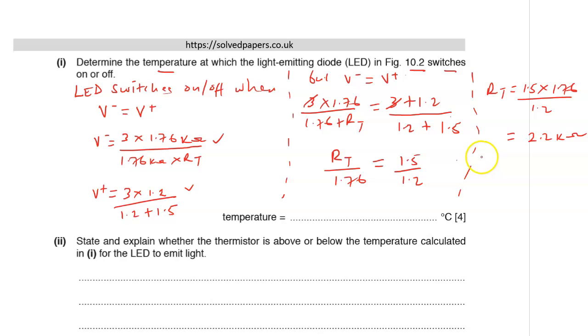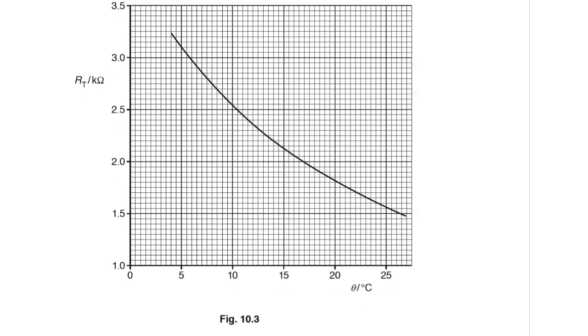So you look at the temperature, you look at the graph when the resistance is 2.2 kilo ohm. So you look at the graph to get the temperature at this RT, which is 2.2 kilo ohm. Come to the graph here, and 2.2, this is 2, so these are 10, so this is 2.1, 2.2, 2.3.